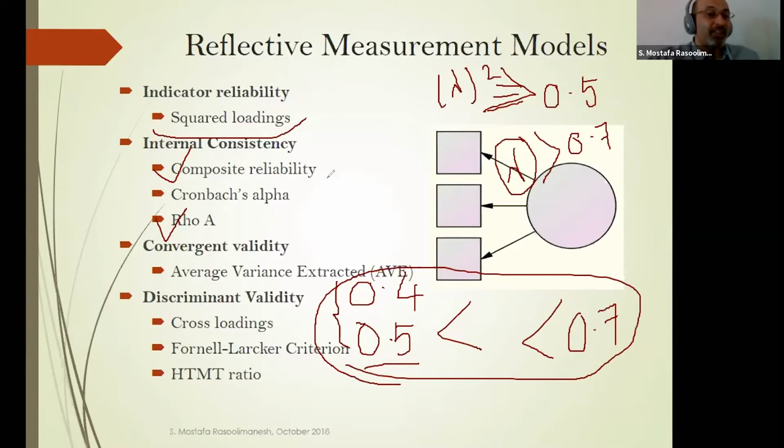And these criteria should all be higher than 0.7. If you choose 2, both should be higher than 0.7. So this is for internal consistency or construct reliability. The first one was for indicator reliability, right? So this one is for construct reliability.